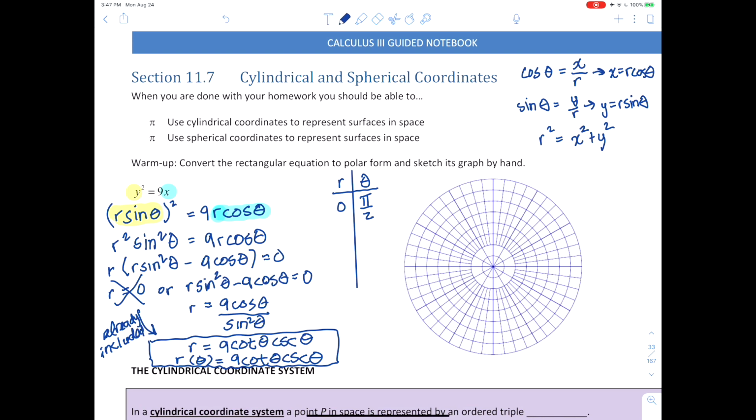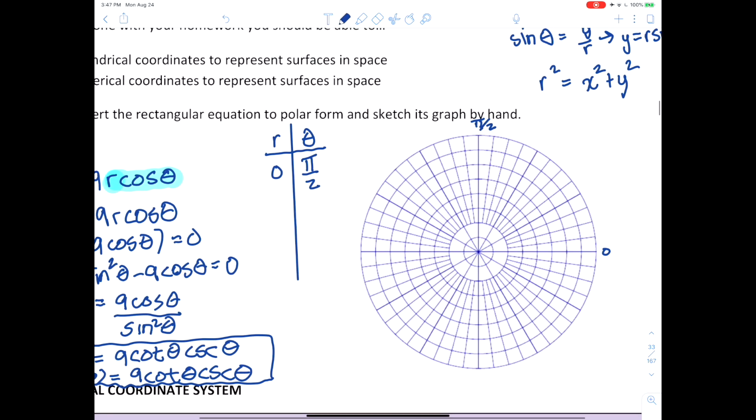All right, so we've got 0 at pi over 2. Here is where your pi over 2 is. This is the pole, where your angle of 0 radians is. Let's see which one is halfway through. I think this is pi over 3. Oops, sorry, pi over 6. Pi over 3. And right here we've got pi over 4.